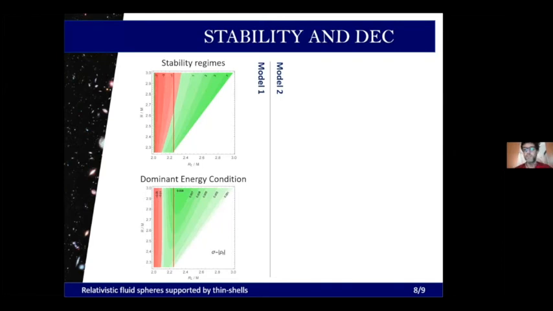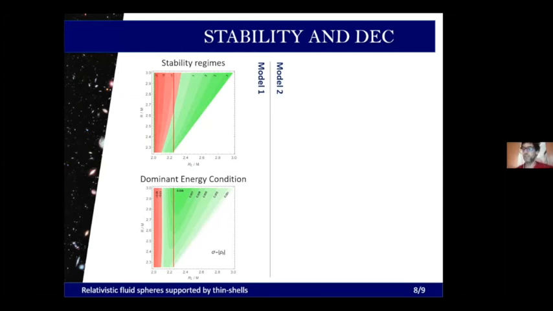What he proved in his paper was that every time the dominant energy condition was violated, the solution was unstable. Although this was not a one-to-one relationship, there were counterexamples the other way around.